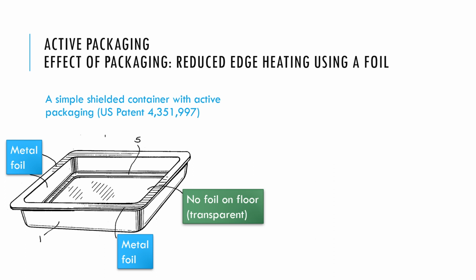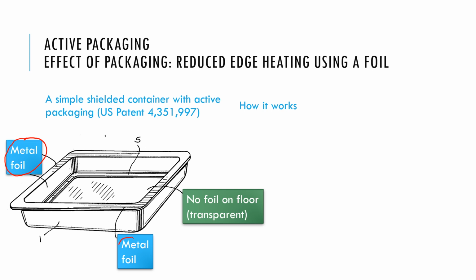Since corners and edges heat more, as we discussed earlier, and that's undesirable, people have tried to reduce that using this metal foil concept. And so here is a patented package having metal foil around the edges and corners.